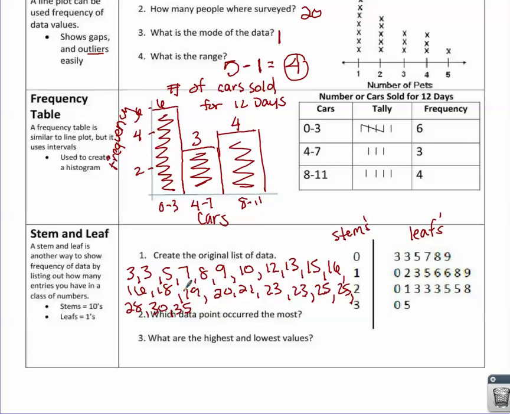Looking over it, there are 23s 3 times. So that's the one that occurred the most. That's your mode. The highest value is going to be 35, and the lowest value is going to be 3.